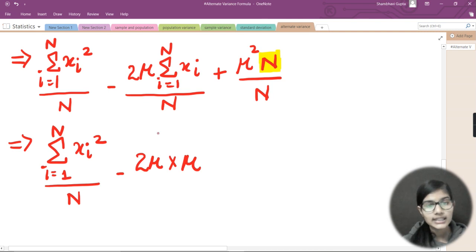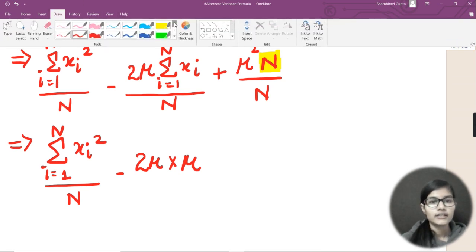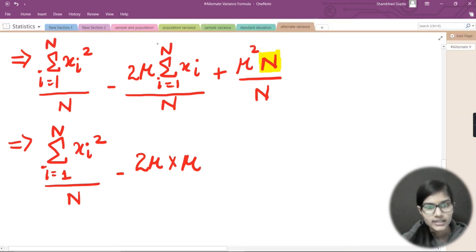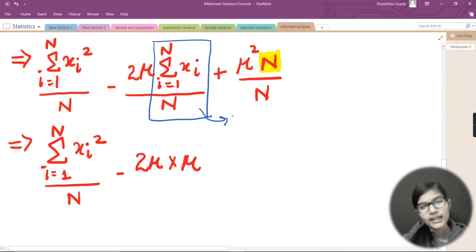And now in this term I'm not going to write this n downside, because this whole is one of my formulas. This whole is my mu. And what is this mu? My mu is the population mean.